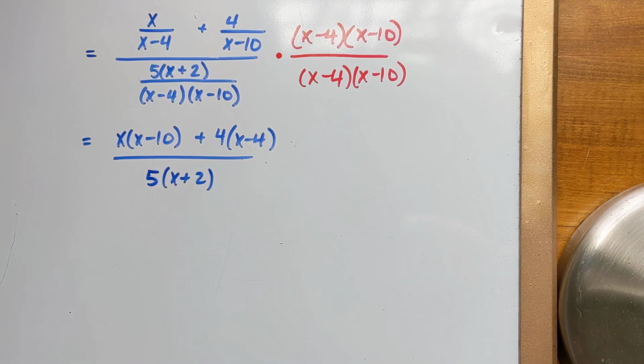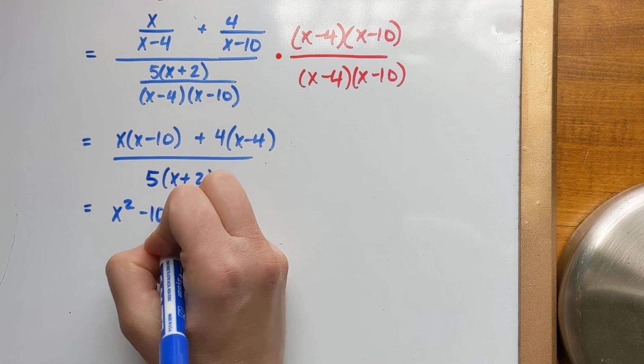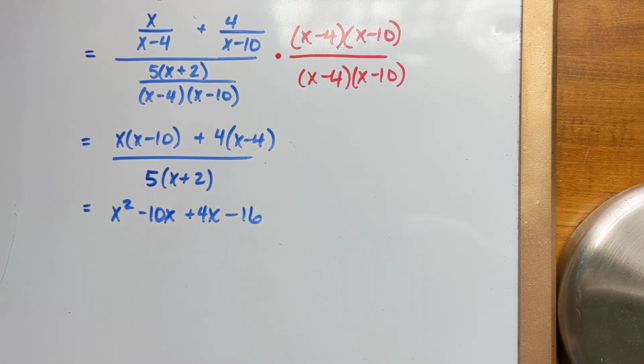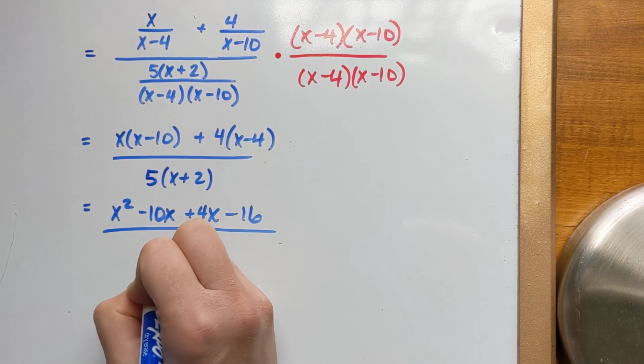All that you have to do here now is simplify. So in the top I would have x squared minus 10x plus 4x minus 16. In the bottom, 5x plus 10.